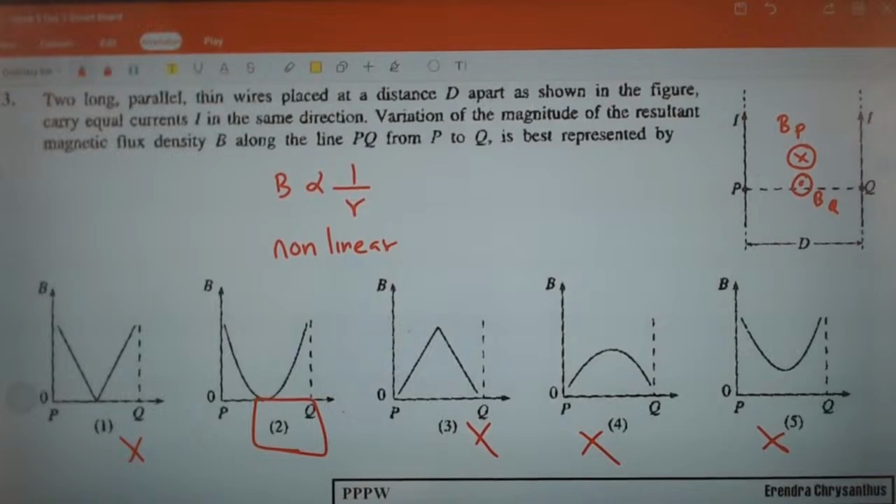And since B is inversely proportional to R, we can find the variation to be non-linear.